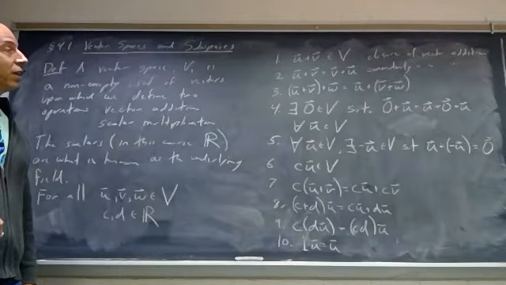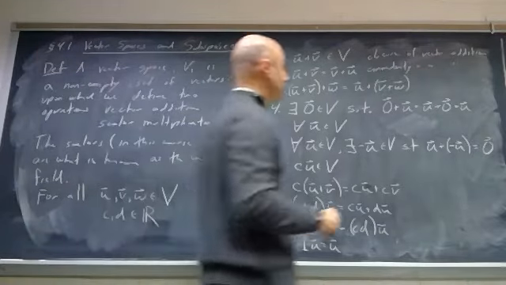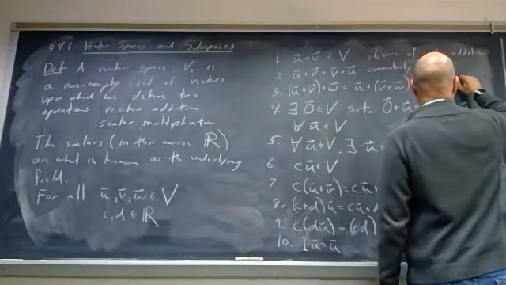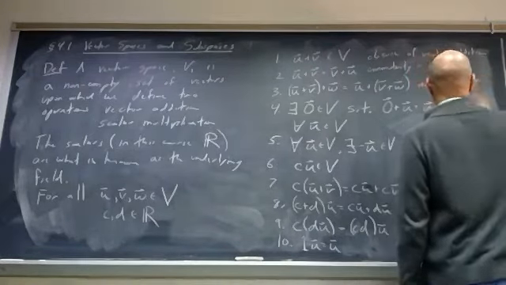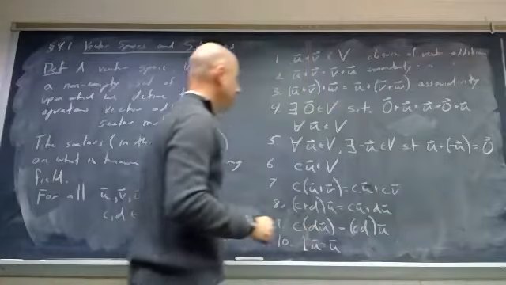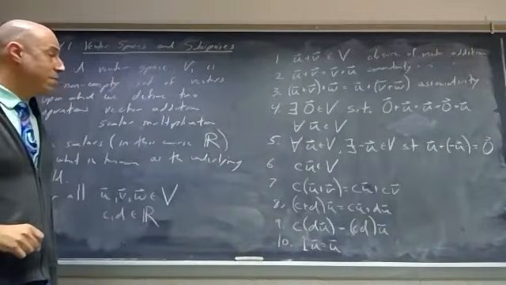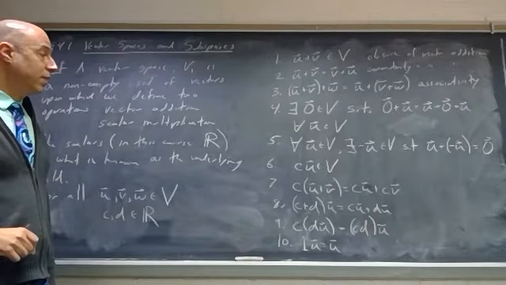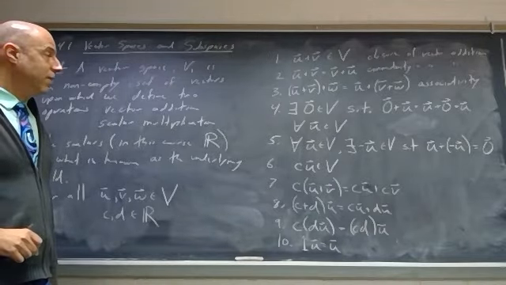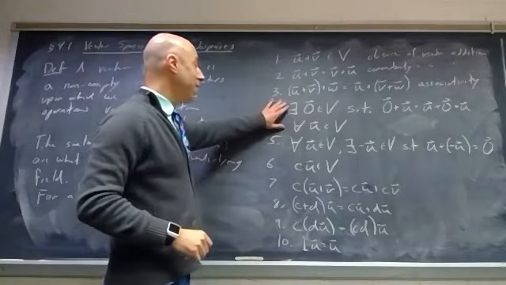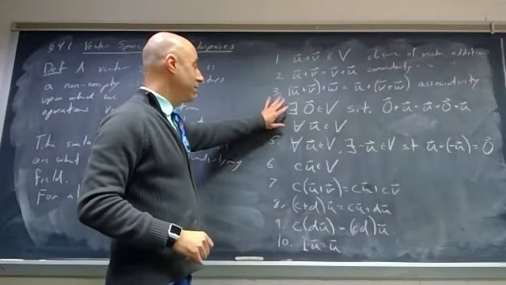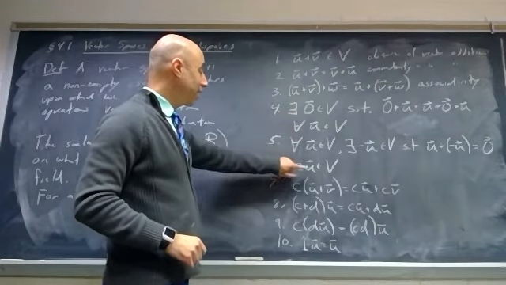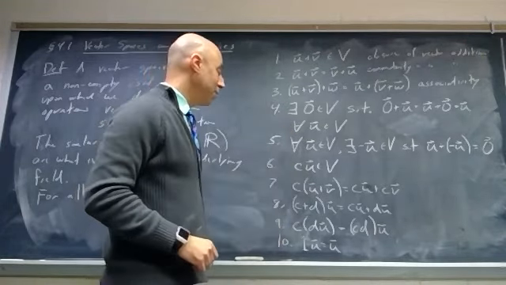Commutative property. This is associativity of vector addition. This one we would call the existence of a zero vector. This one we would call the existence of negatives. This again is closure, closure this time of scalar multiplication.